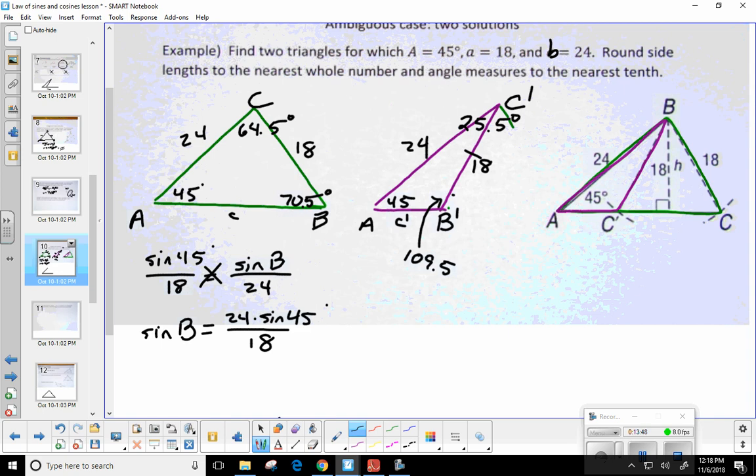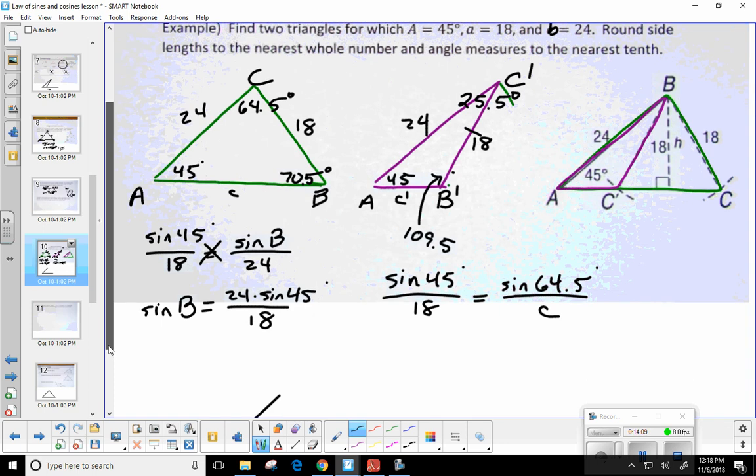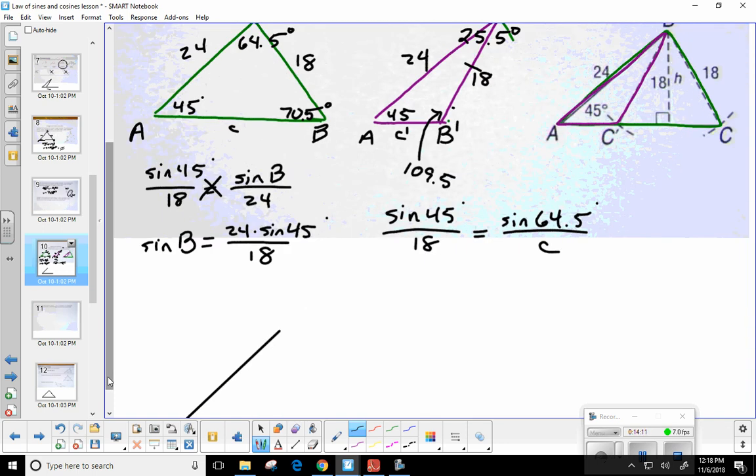So what do you want to use to find C? Law of sines? Okay. So let's stick with the original pair. Sine of 45 over 18 equals, that's the angle across from the side I'm trying to find, so sine of 64.5 over C. Now let's cross multiply.